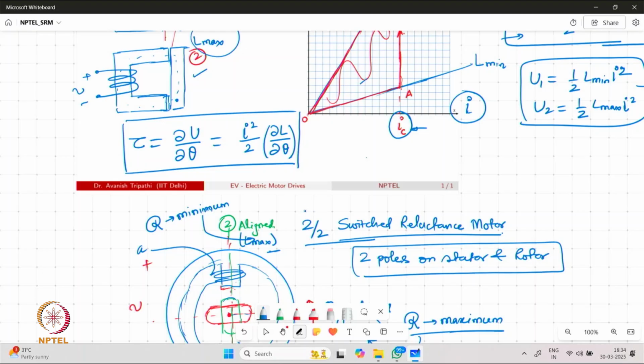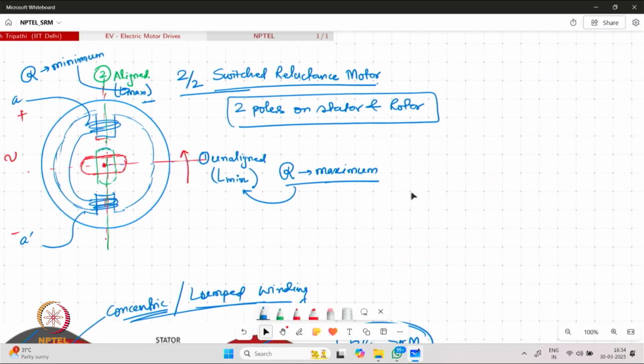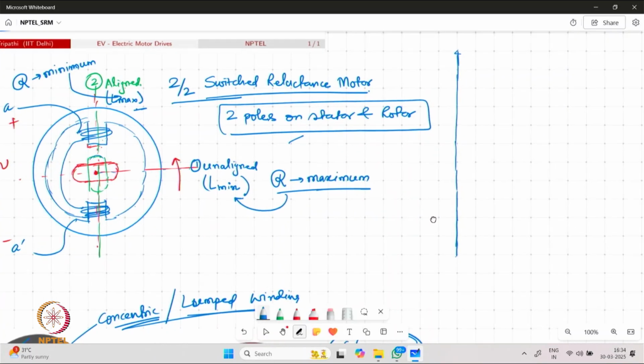So this gives the important factor for the SRM on how and where we are going to have the current excitation and how to expect the torque generation from that.